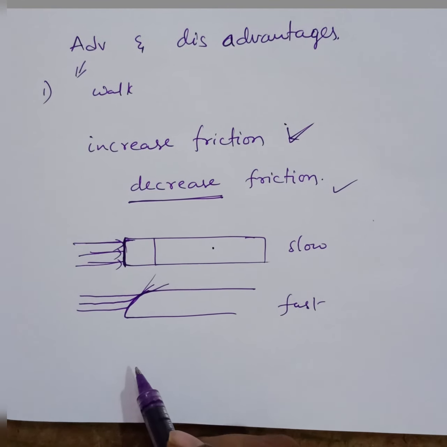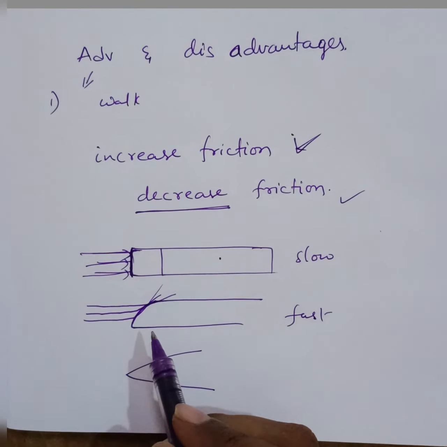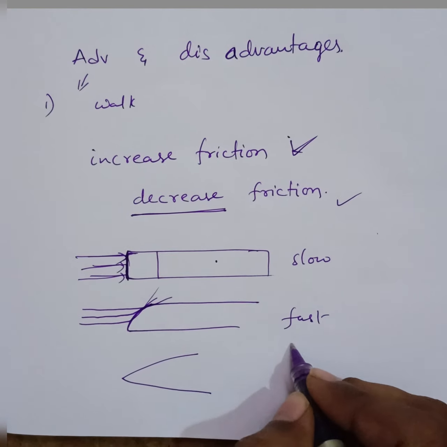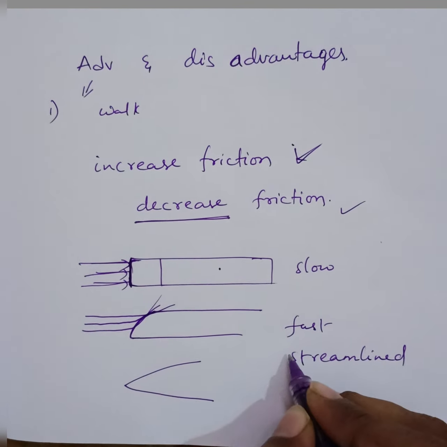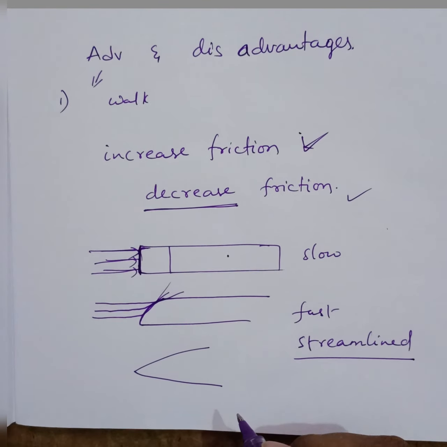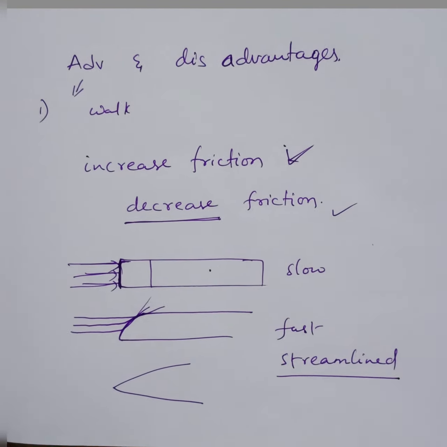Even ships will have a cone shape. This cone shape is known as streamlined shape. Bodies which are moving very fast are streamlined.